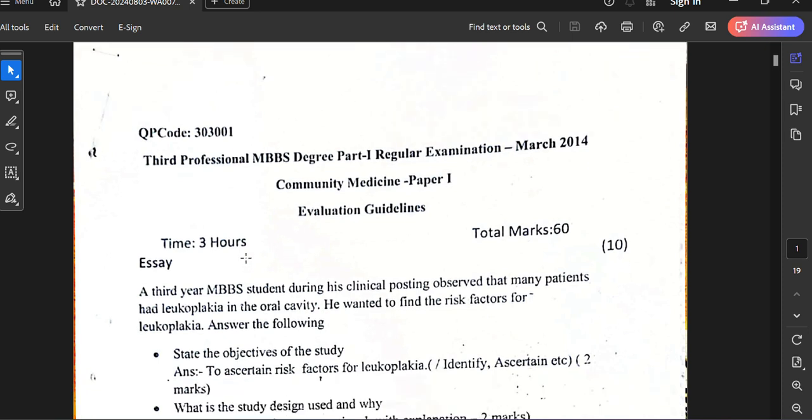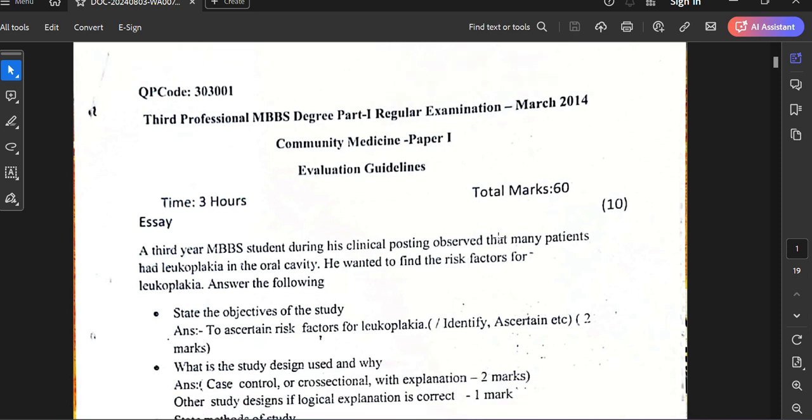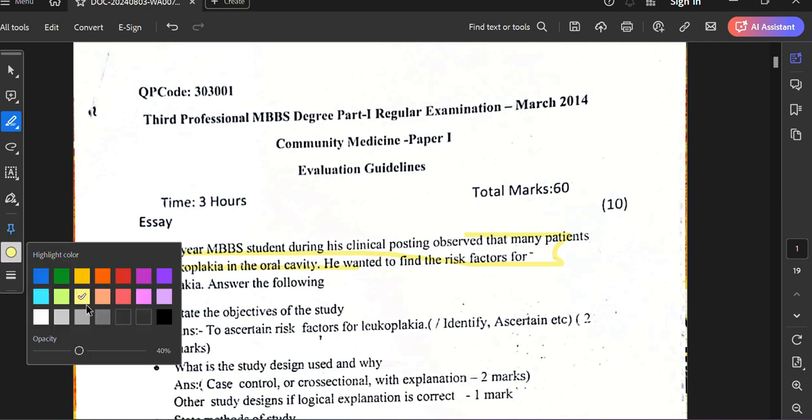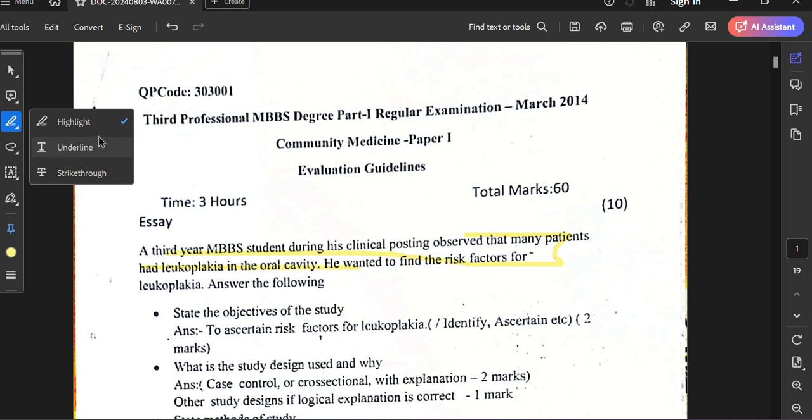The first question is that a third year MBBS student, during his clinical posting, observed that many patients had leukoplakia in the oral cavity.